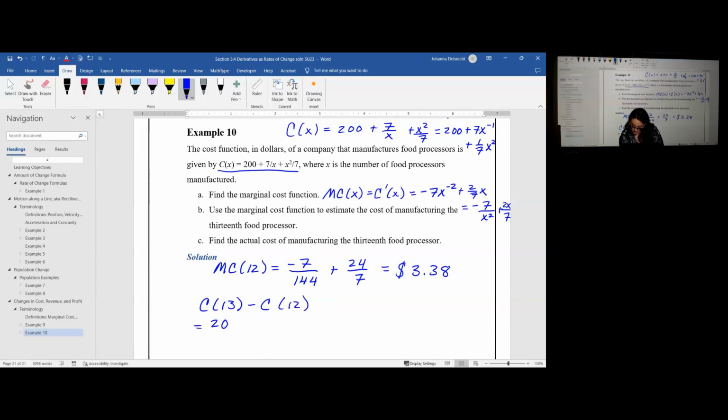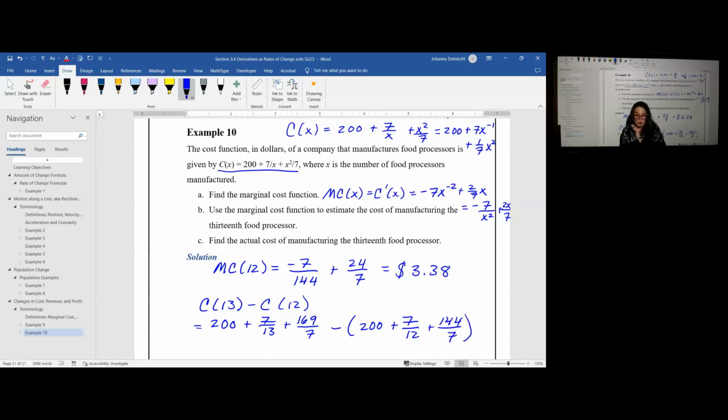This will be given by the following representation. 13 squared is 169 minus 12, which would be 200, plus 7 divided by 12, plus 144 divided by 7.